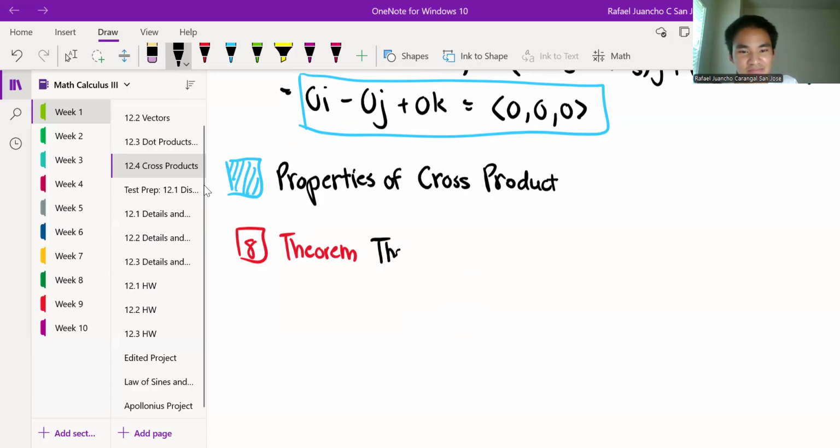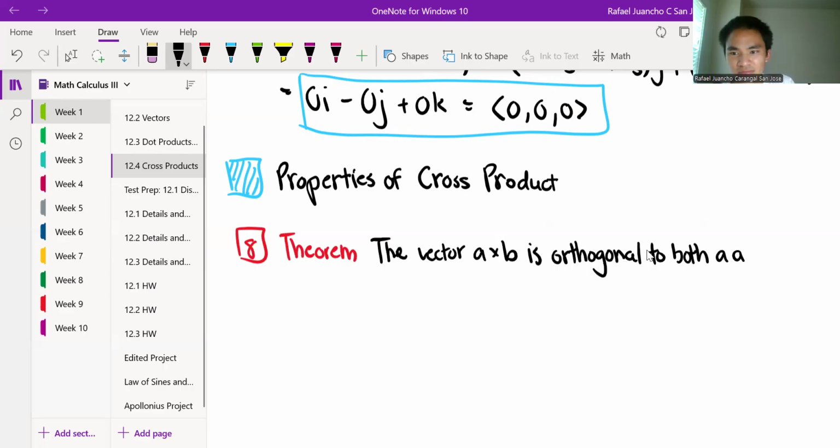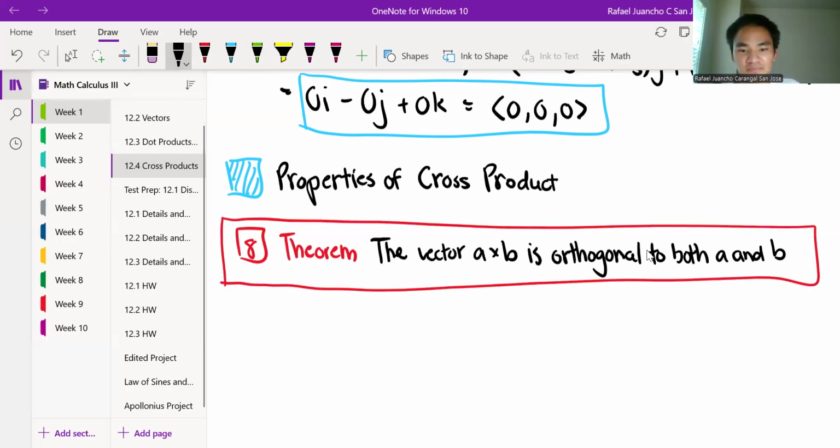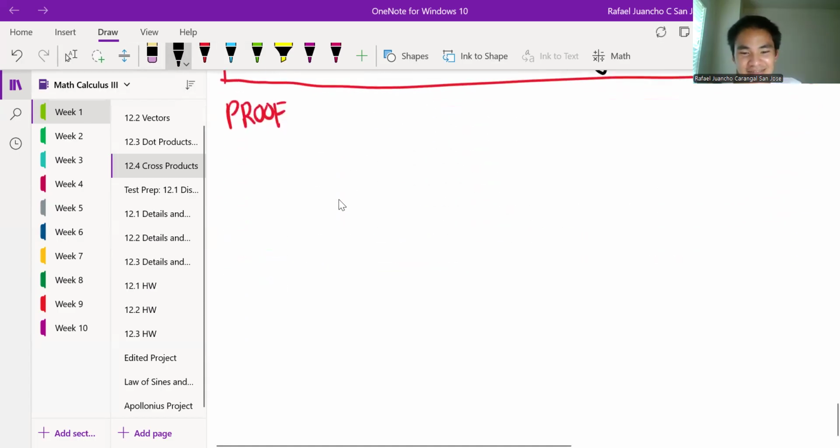So we're saying the vector of the cross product of A and B is, we call this orthogonal, which is basically perpendicular to both A and B. So that's an important theorem, right? Now we're going to go through a proof. And I'm going to be honest, I like going through this. So let's go through it.